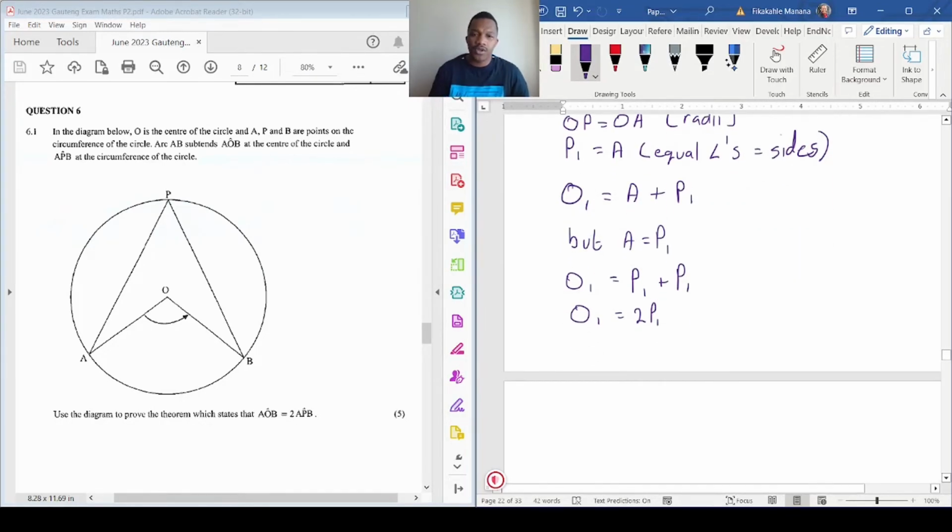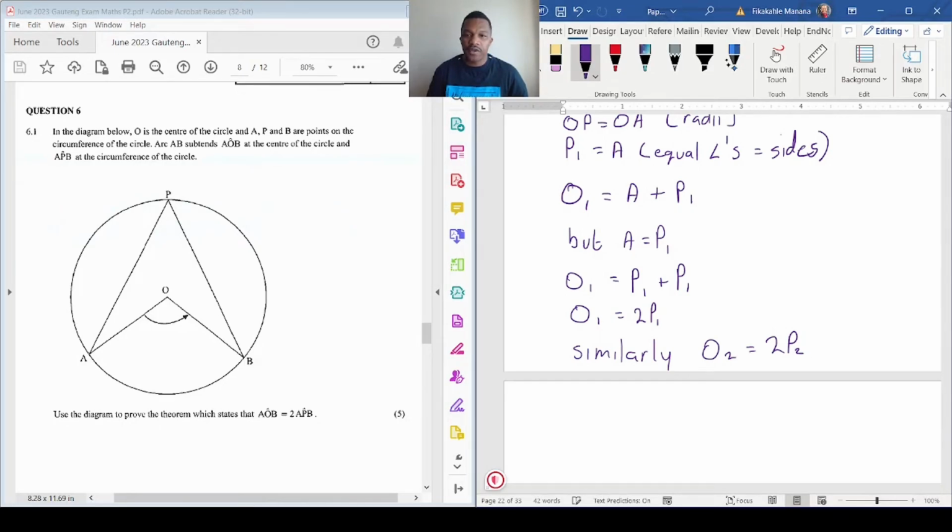So we can also conclude that similarly, O2 is equal to twice P2. If you want to prove that, you can, but you'd have to follow these exact steps, so I don't want to redo that.